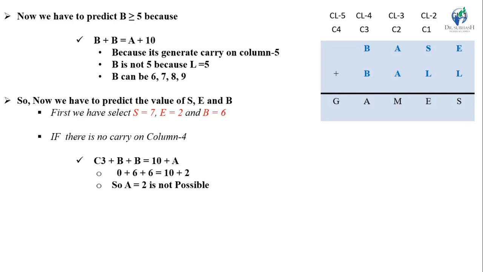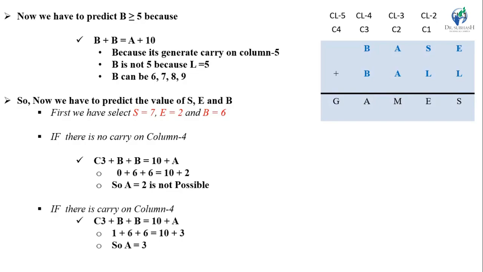Here we put B is equal to 6, so A is equal to 2, which is not possible because E is equal to 2. So now we predict a carry on column 4: C3 plus B is equal to 10 plus A means 1 plus 6 plus 6 is equal to 10 plus 3. So A is equal to 3.